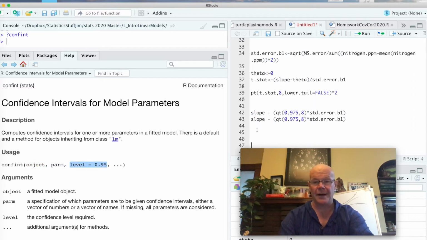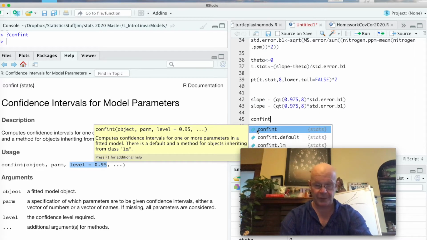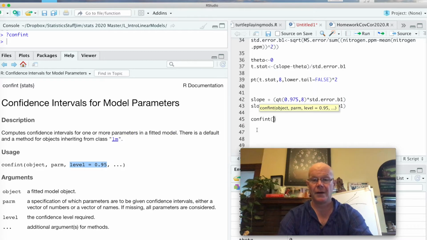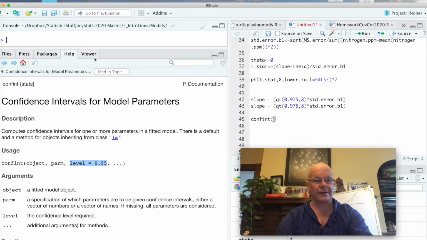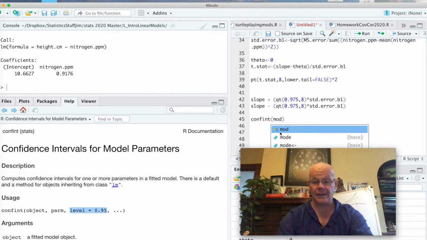So I could go ahead and I could use that cool function, confint, which stands for confidence interval. We called that mod, right? Yes. So we have mod. Put mod in there. And then the parameter that we want to estimate is this, nitrogen parts per million.